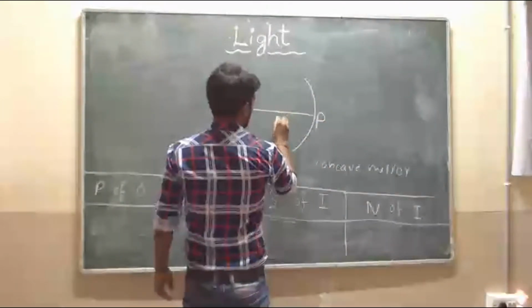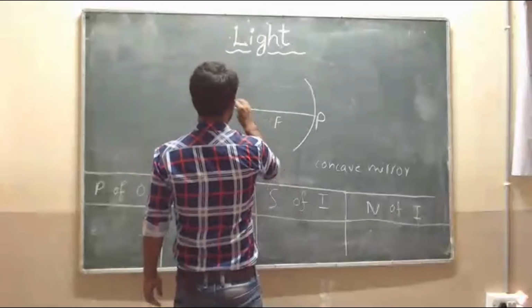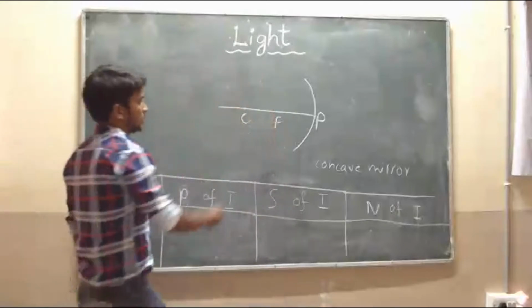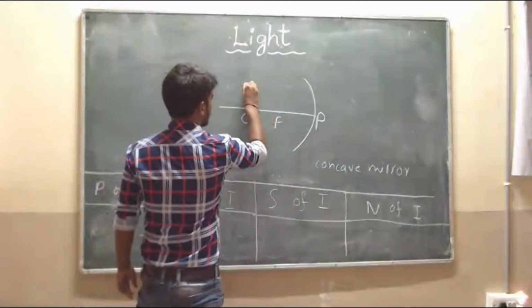Here is the pole of the mirror, principal focus, and this is the center of curvature. So now, I'm keeping the object at C.